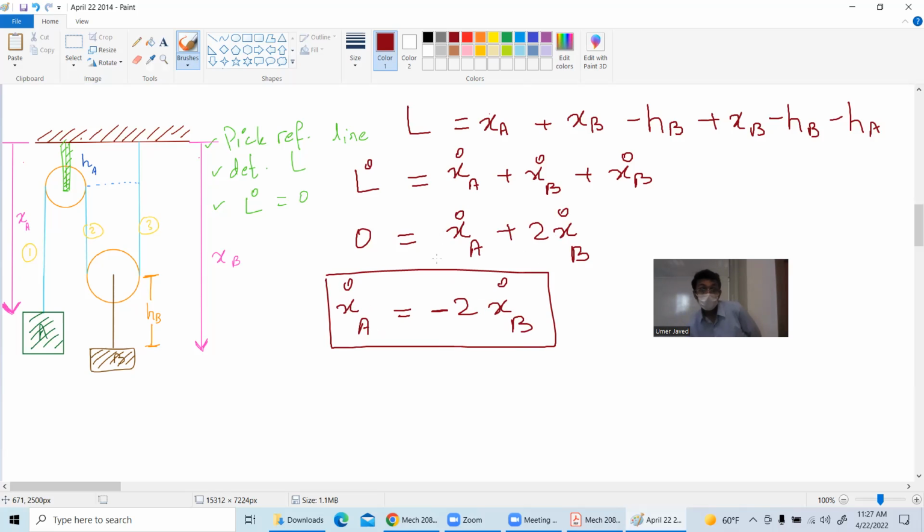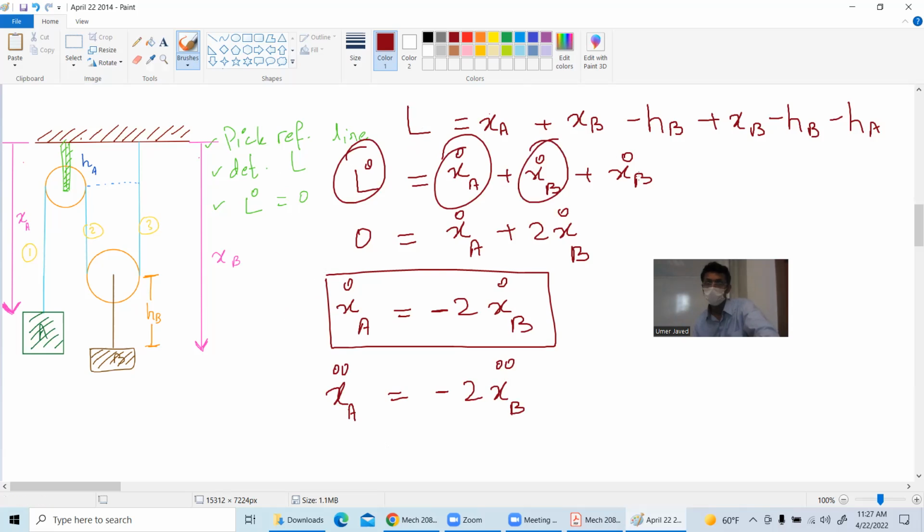John, are you taking the derivative of L with respect to X? No, with respect to time. The dot means time. Yeah, dx over dt. So for example, this is dL over dt, dxA over dt, dxB over dt, dxB over dt, dh over dt.